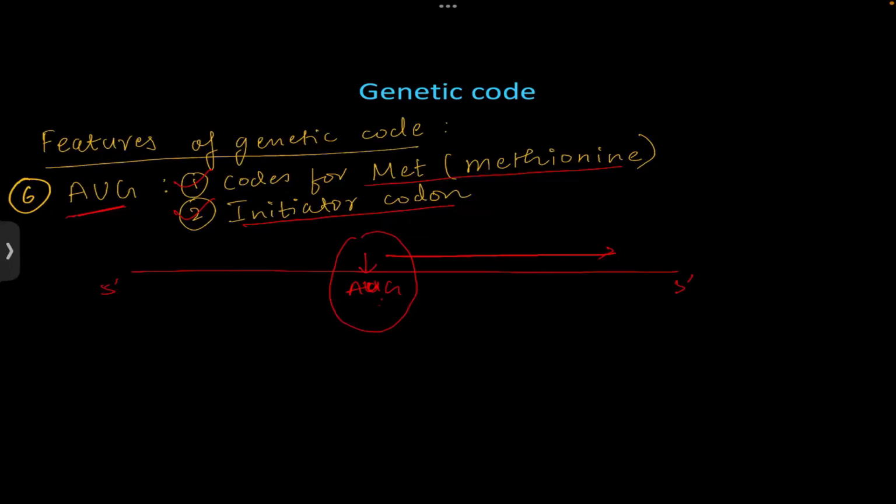All right. So whatever sequence was there upstream of AUG doesn't get translated. That is the role of being the initiator codon. Wherever the initiator codon is, from there onwards, the synthesis of protein will begin. Okay.